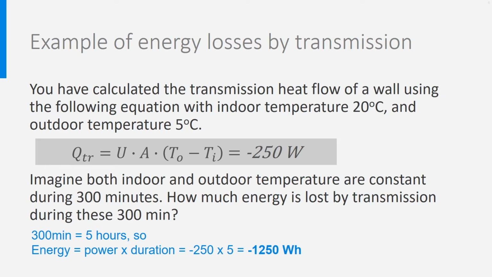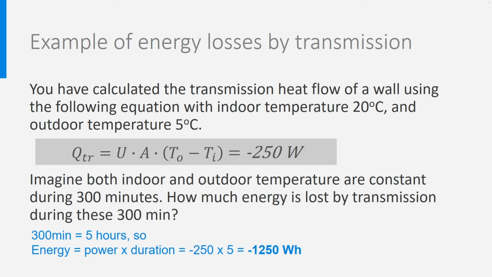To make sure you master the principle, let's take the example of transmission flows. Imagine you have calculated the transmission heat flow of a wall using the equation Q is U times A times temperature difference between outdoor and indoor, with indoor temperature 20 degrees C and outdoor temperature 5 degrees C. The result of this transmission load calculation is minus 250 watt.